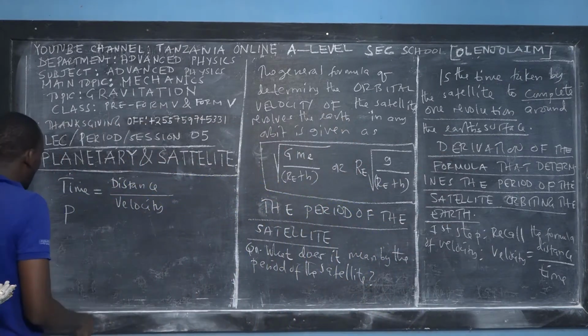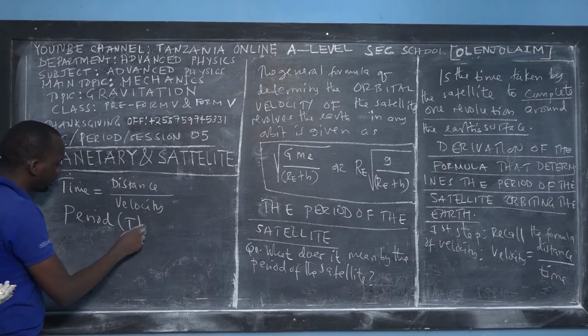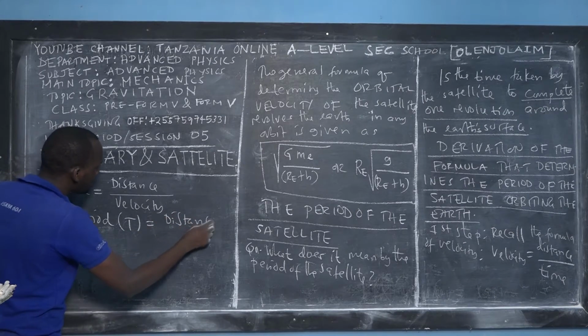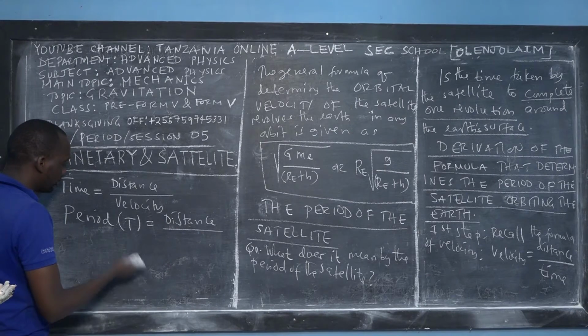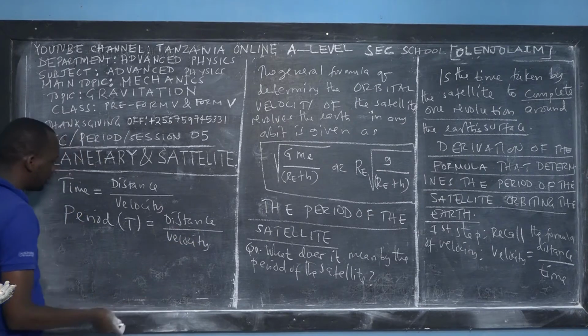So this period now, which in physics and also in science is taken by capital T, will be distance traveled, or distance covered, over velocity. So this is general.